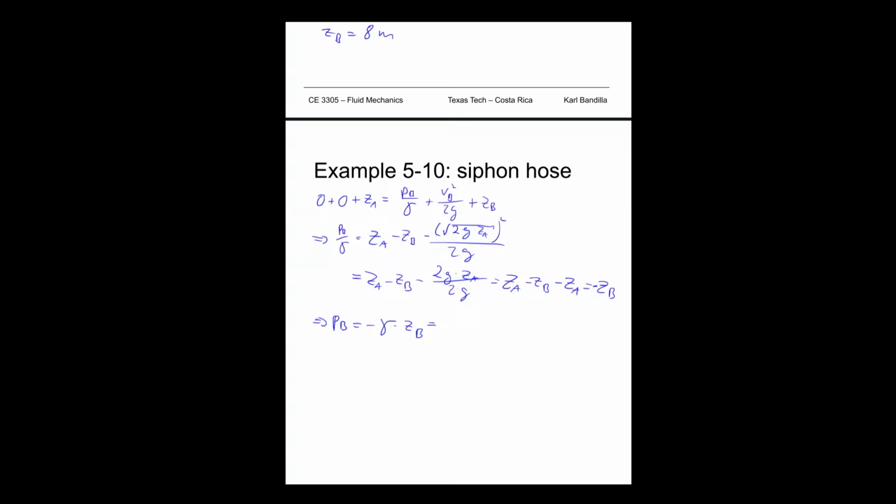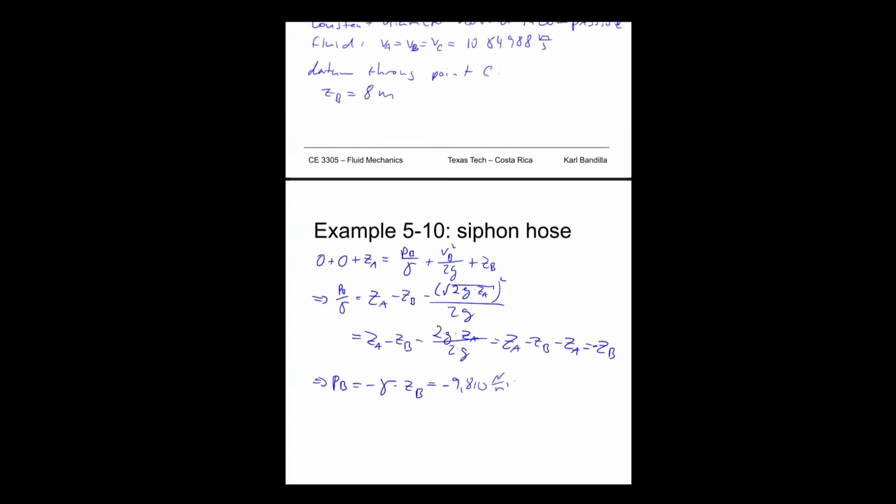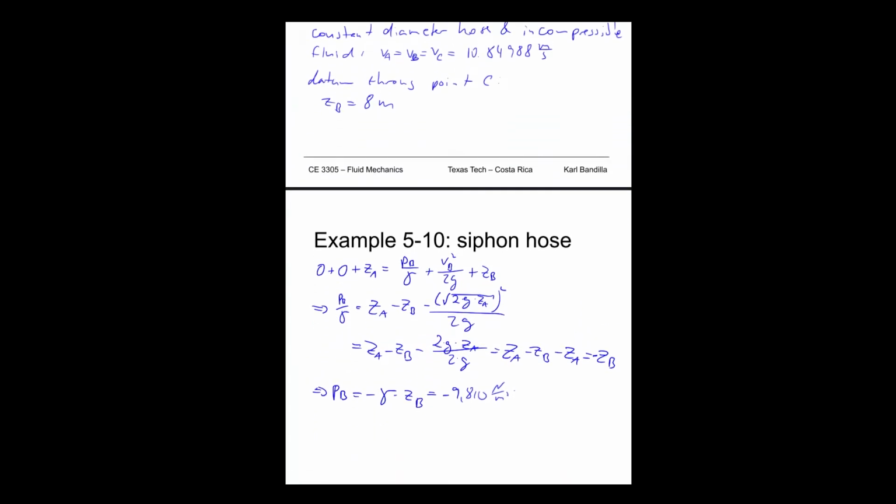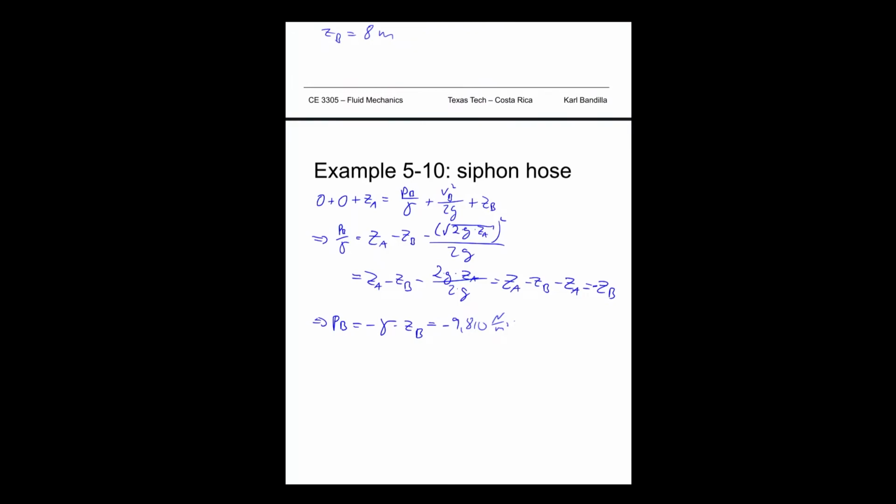All right, so that means we will get minus 9,810 Newton per cubic meter times, what was our ZB right there? It's 8 meters.